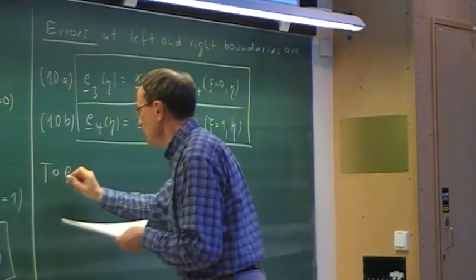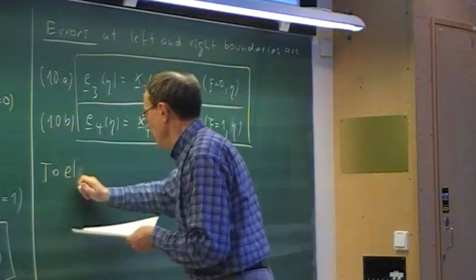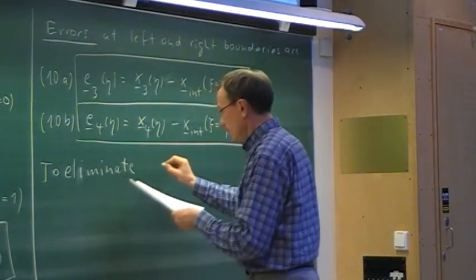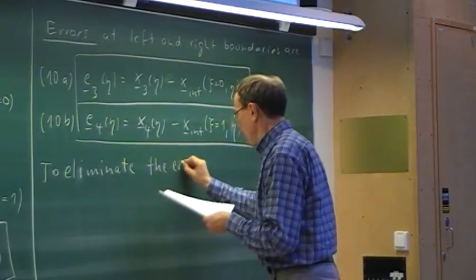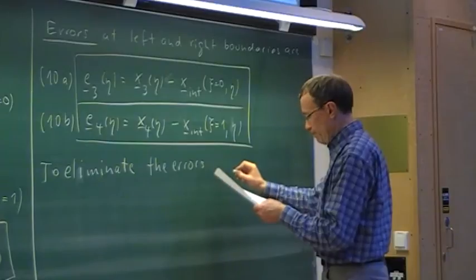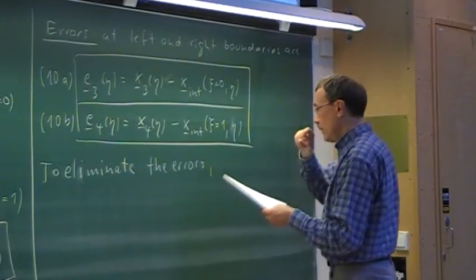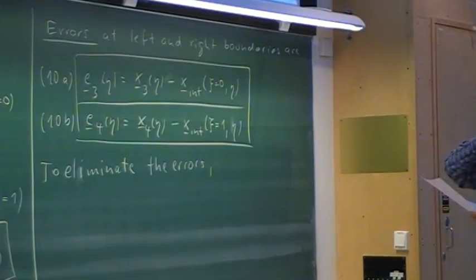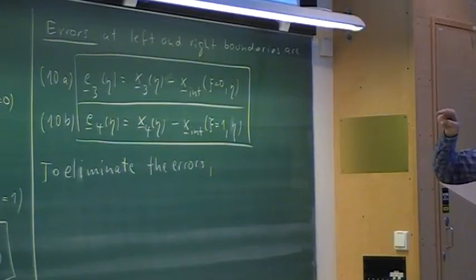So to eliminate the errors, we add them, but before that we do something different, because so far we have only defined the errors at the left and the right boundaries.